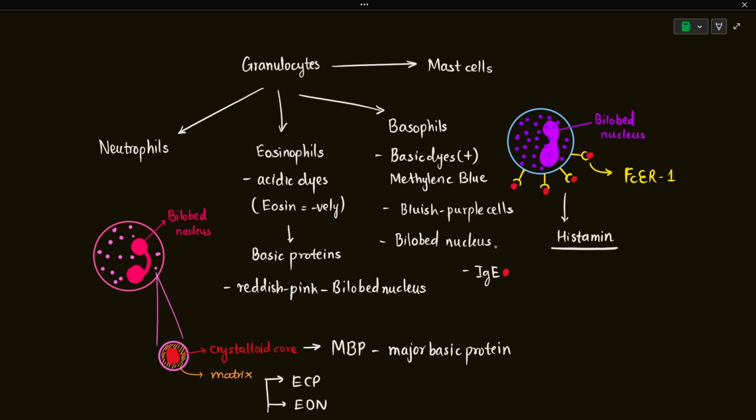We have already discussed that histamines are vasoactive amines, meaning they have an NH2 group, and they are vasoactive molecules, meaning they change the vasculature by dilating it. So they do the vasodilation.